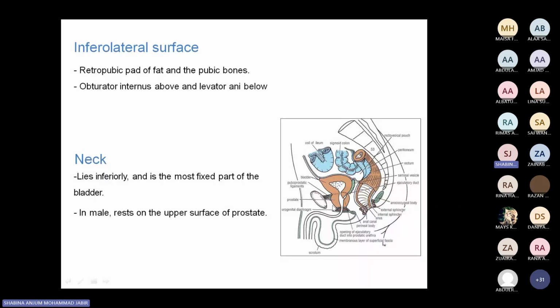So you have the levator ani muscle below and then the obturator internus muscle above. Then we have the neck. The neck is the most fixed part of the urinary bladder. In male, it will be resting over the prostate gland.